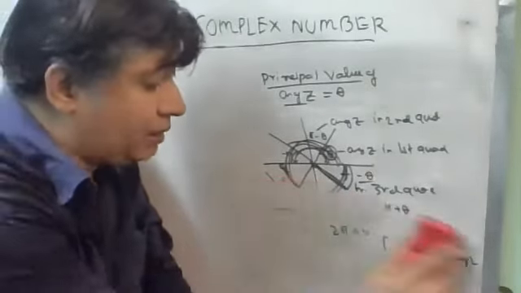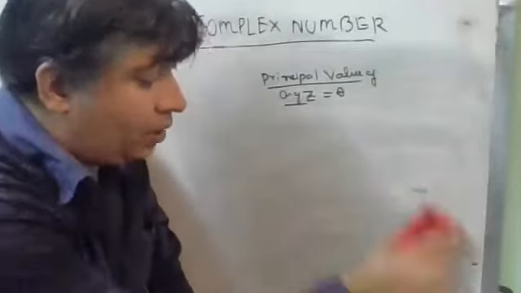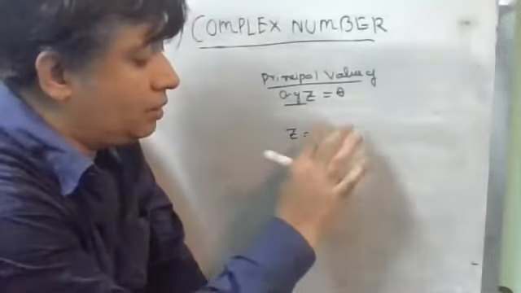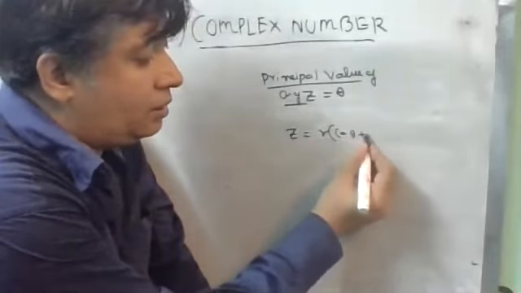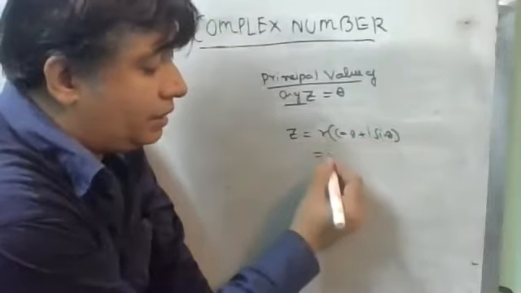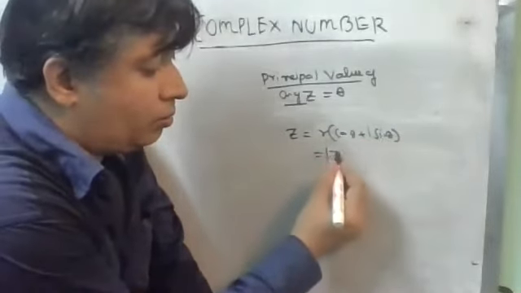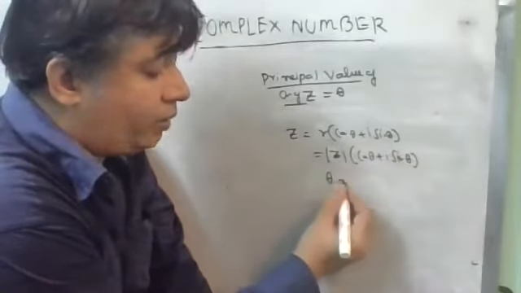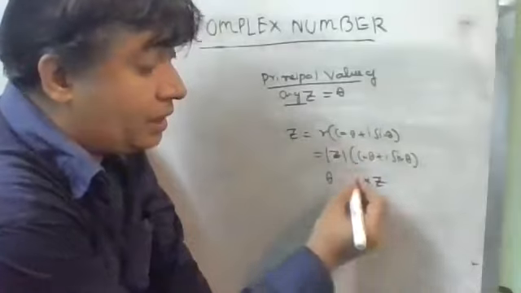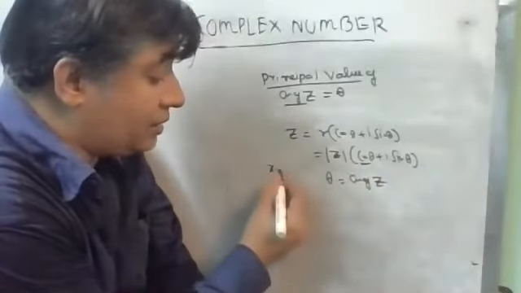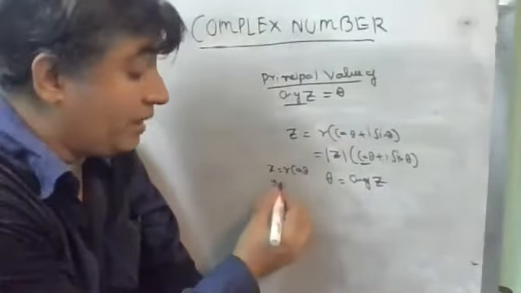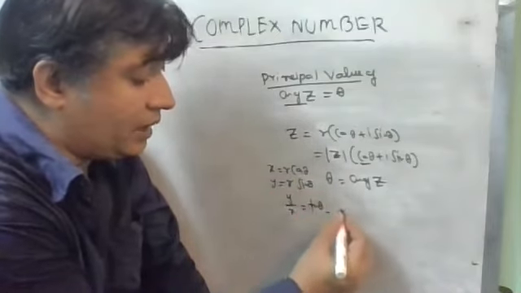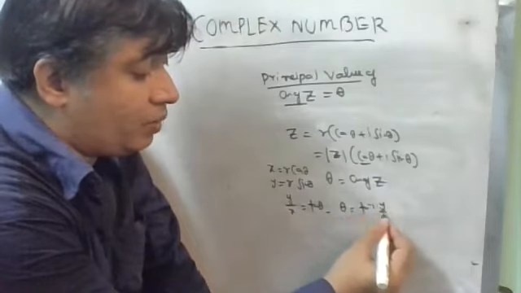You are taught what the argument is. If you get z equal to r times cos theta plus i sin theta, then r is nothing but mod z, where theta is the argument of z. How to find it? x is equal to r cos theta and y is equal to r sin theta by substitution; divide y by x, tan theta, so theta will be tan inverse y by x.